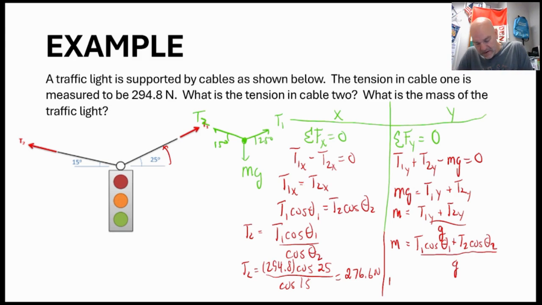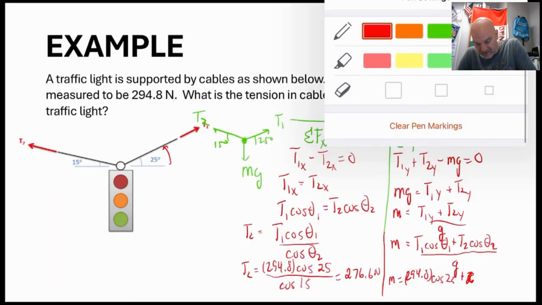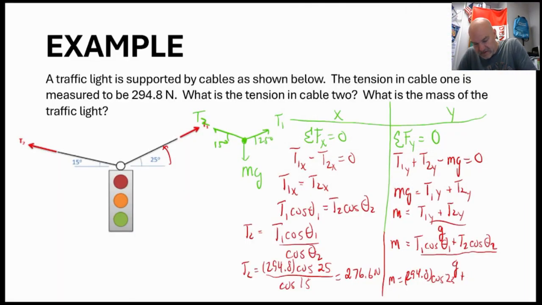Now I can just do 294.8 cosine 25 plus, sorry, I always try to write over it instead of just erasing it. 276.6, not cosine. These should be sines because that is our y direction.